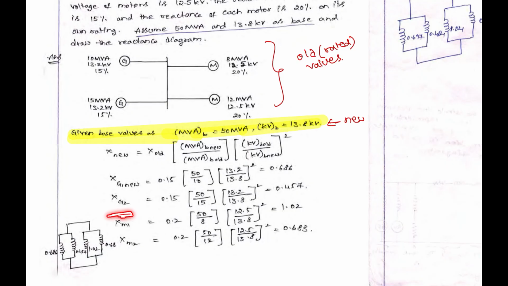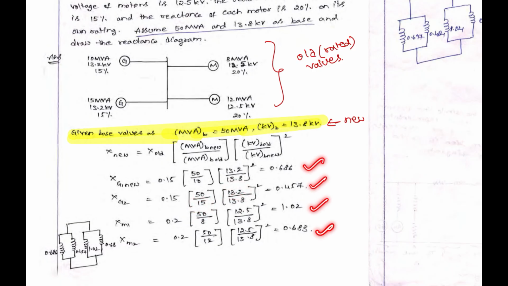Similarly for xg2 we calculate: the old reactance is 15%, the new values are 50 MVA and 13.8 kV, and the old values are 15 MVA and 13.2 kV, and we get some value.